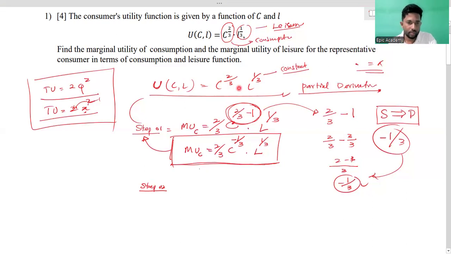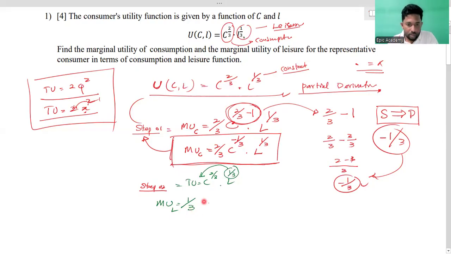So C to the power 2 divided by 3, L to the power 1 divided by 3. Then MUL, that means marginal utility of leisure. C is not going to change in here. This power comes to the front of L. That means 1 divided by 3.